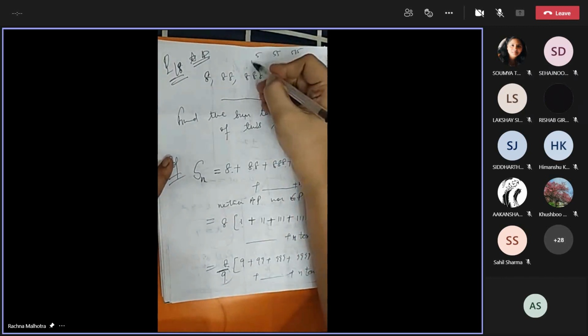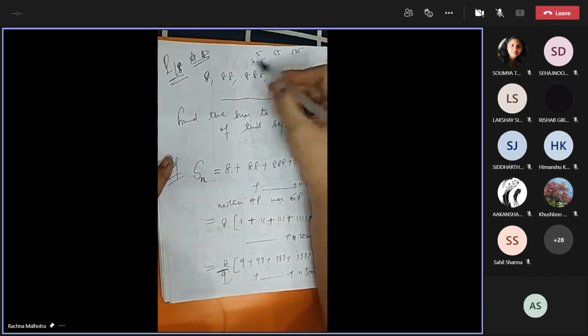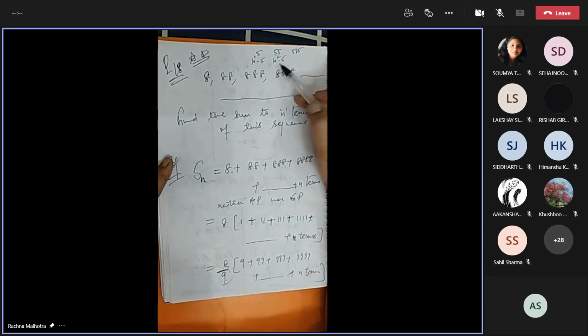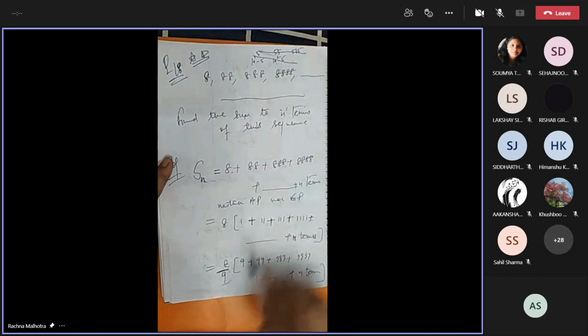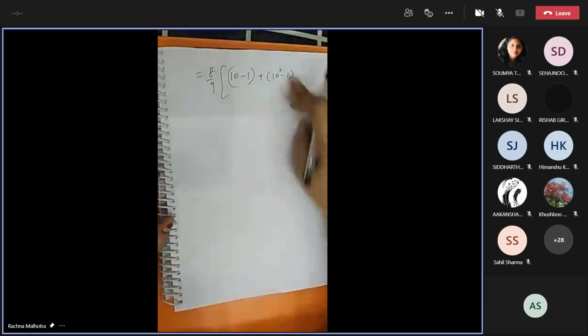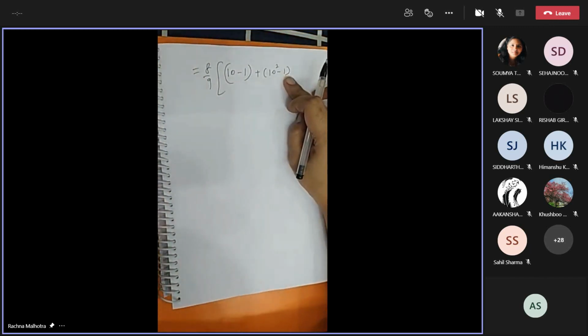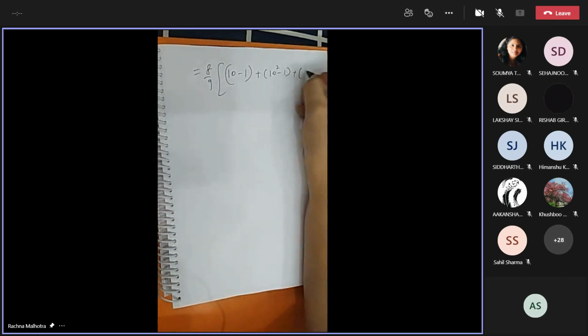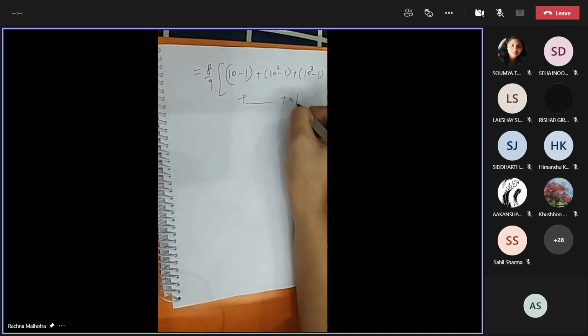If I write 10 minus 5, then can we write 10 square minus 5 equals 55? It will be 95. This will not be made at all. So it will happen only in that case where we are selecting 9. So this 9 I can write 10 minus 1, 99 I can write as 10 square minus 1, and the next is 10 cube minus 1. Similarly, we can continue it till n terms.